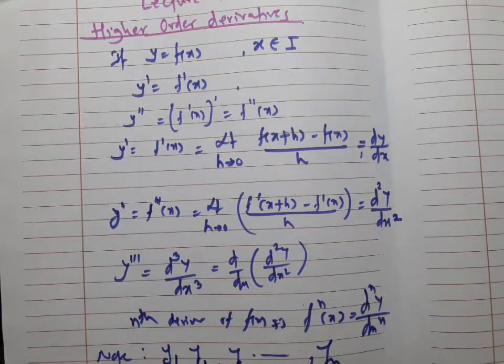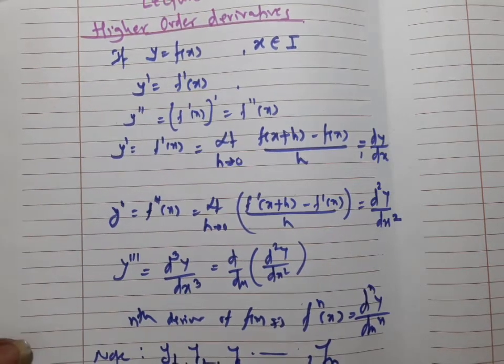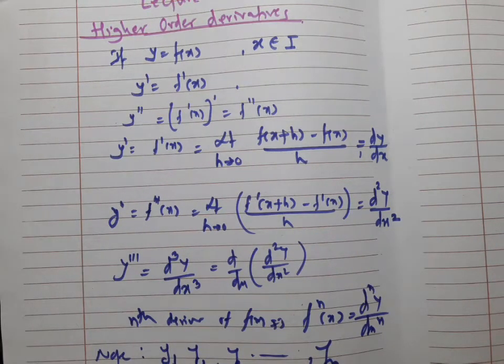Nth order derivative is yn. So derivative of derivative till the nth order is known as higher order derivative. And now we solve some examples based on this, and I am trying to conclude this topic.